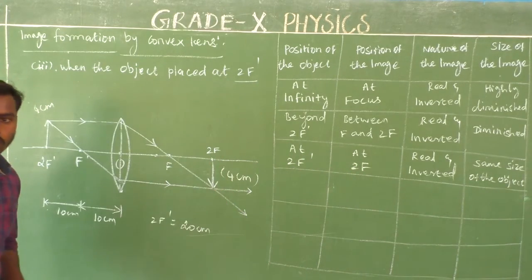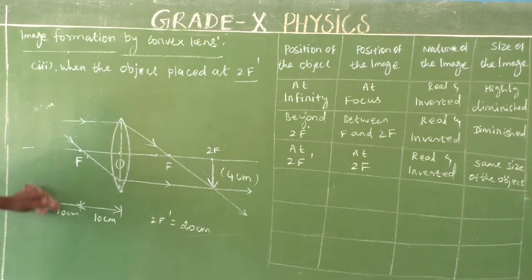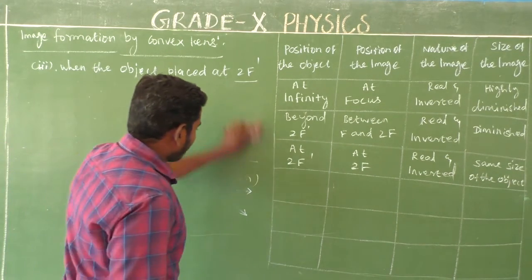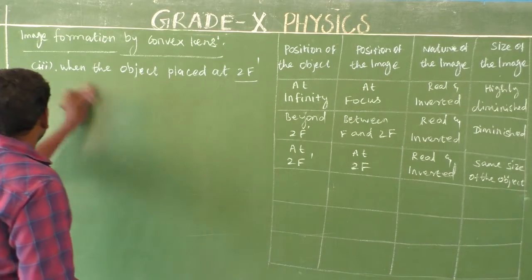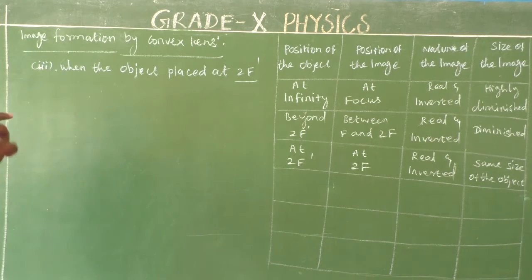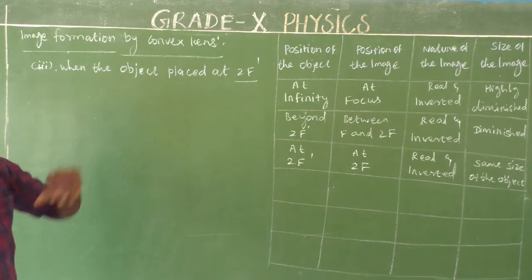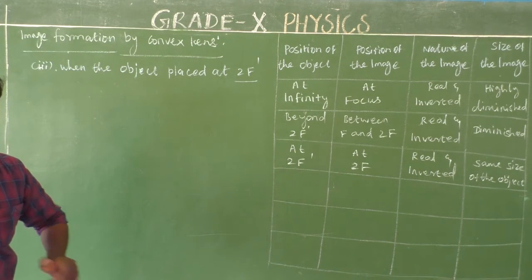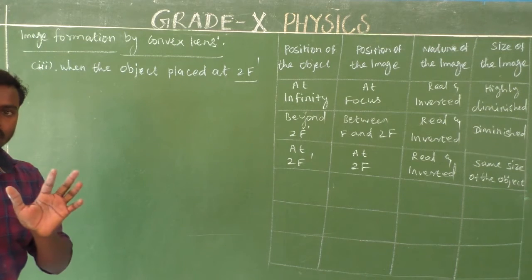Next we'll move on to the fourth point. Look at here, fourth one. Now next I am going to place the object between 2f dash and f dash. Is it clear?